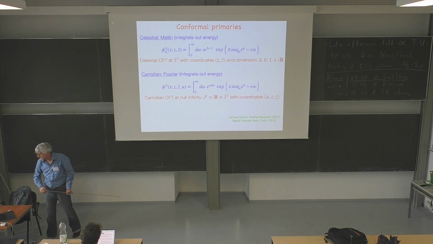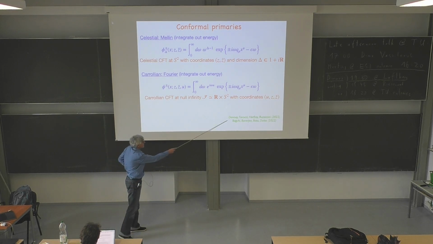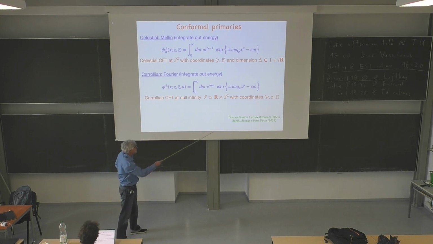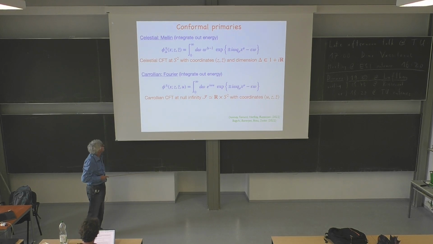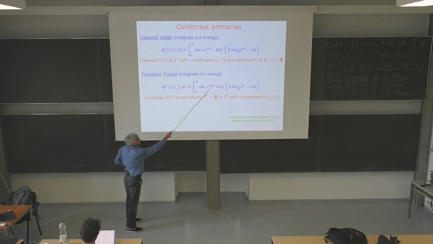And in the Carrollian setup, as has been shown by these two groups, rather than a Mellin transform, you do a Fourier transform, where this retarded time coordinate U, this null line, enters.